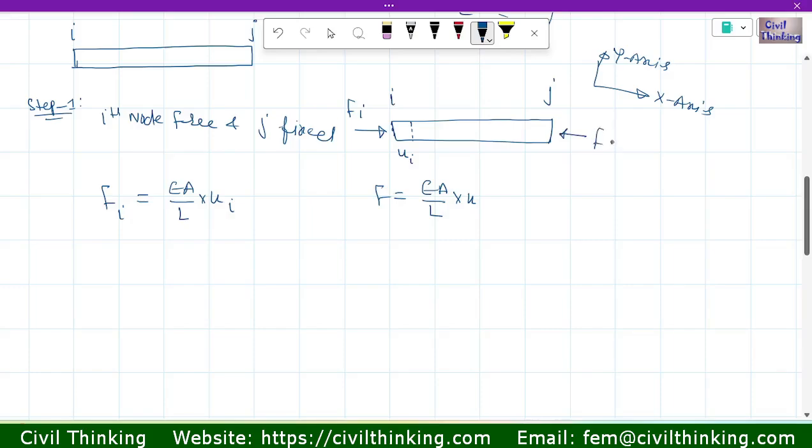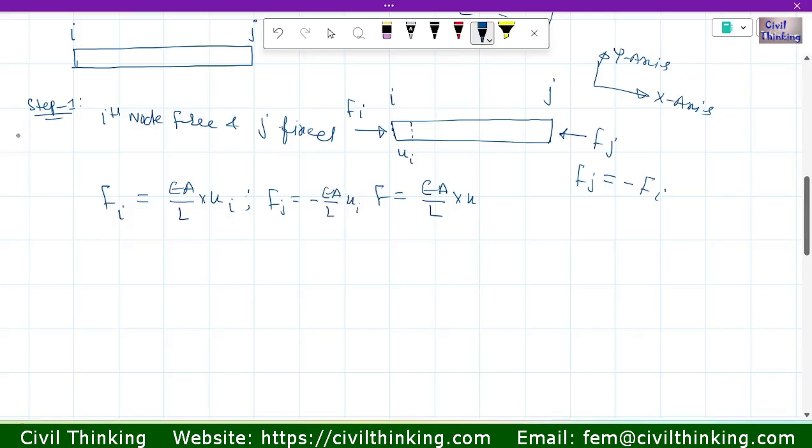It is going to be Fj. So Fj is going to be equal to Fi, but in the opposite direction, so it is minus Fi. So I can write the value of Fj here. Fj is the negative of Fi, right? So it is minus EA upon L into Ui.